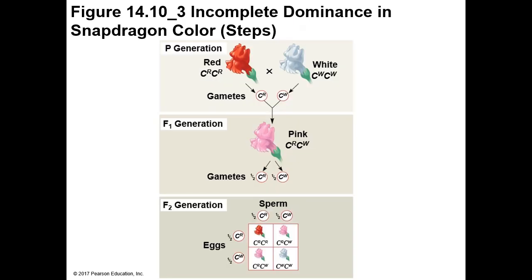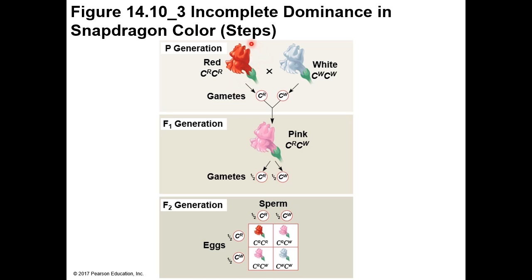So here we observe incomplete dominance in this species of snapdragon plants. The dominant trait is supposed to be the red flower. However, the red flower is not completely dominant.